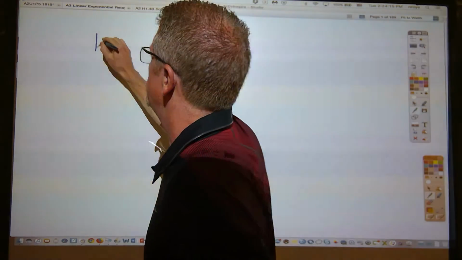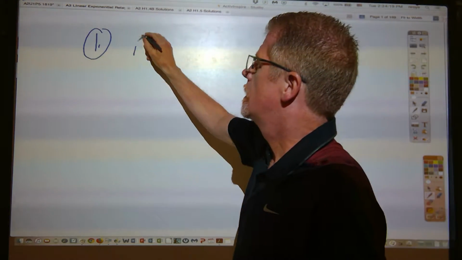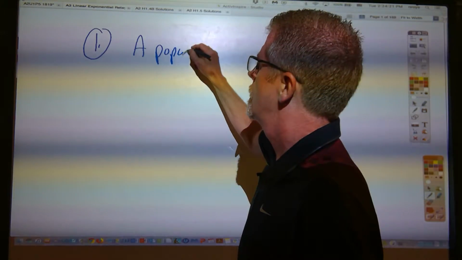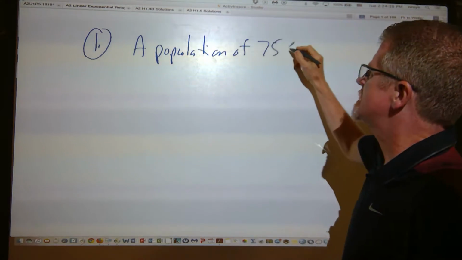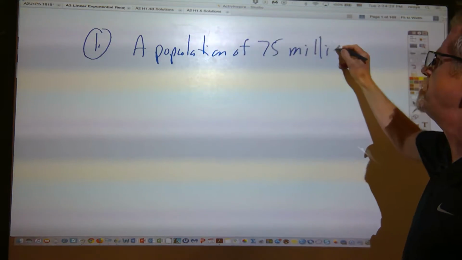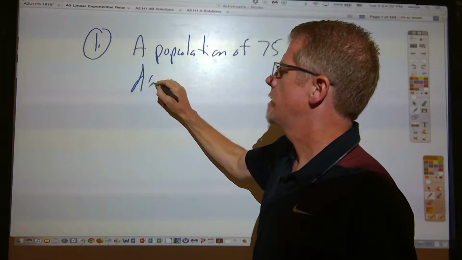Here is the warm-up example, problem 1. A population of 75 million people doubles every 3 years.